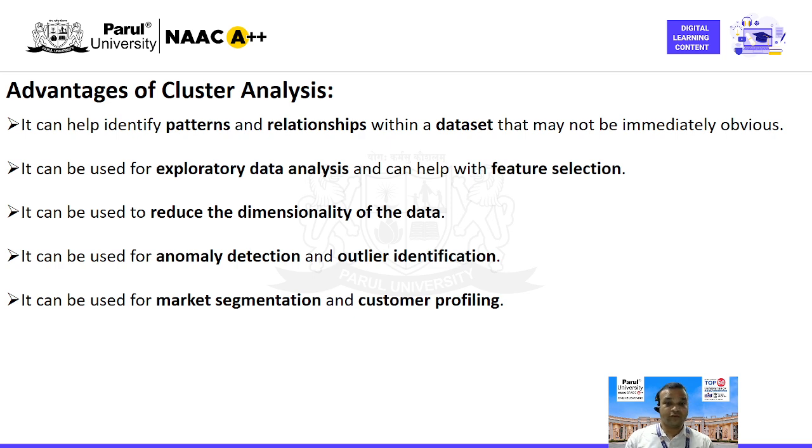It can be used to reduce the dimensionality of the data. If you want to reduce the number of features, from high dimension to low dimension, in that case we can also use clustering. So this is the facility which is provided by the clustering. It can also be used for anomaly detection and outlier identification. It can be used for market segmentation and customer profiling.